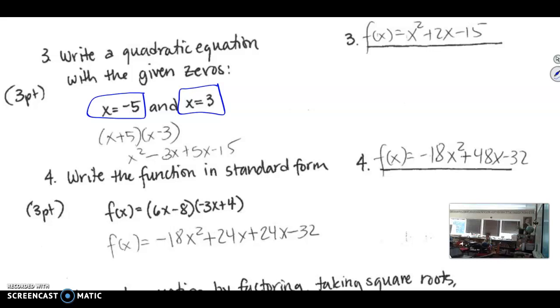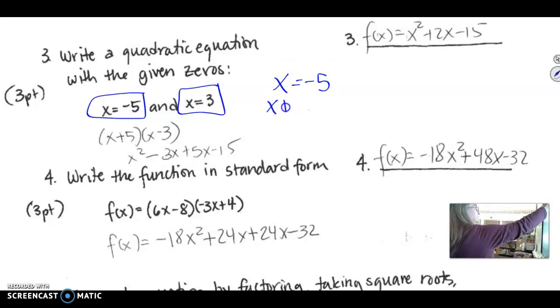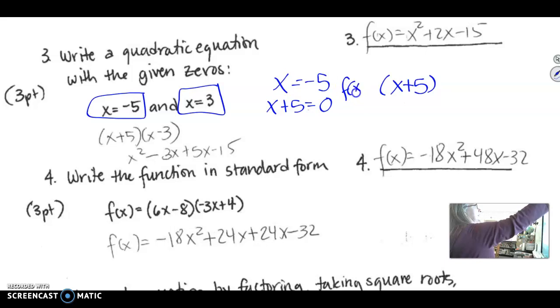If you're going to go from your zeros and write it as a factor, one way to think about it: if x is equal to negative 5, we want to figure out what factor made negative 5 equal 0. If you add 5 to both sides, that was the factor we solved to get 0. So one of the factors is x plus 5. So your function f of x is going to have a factor of x plus 5.